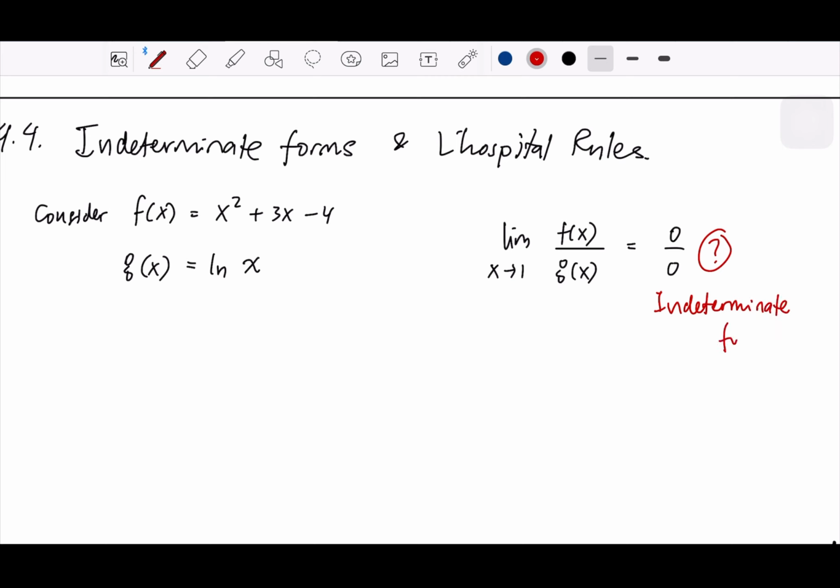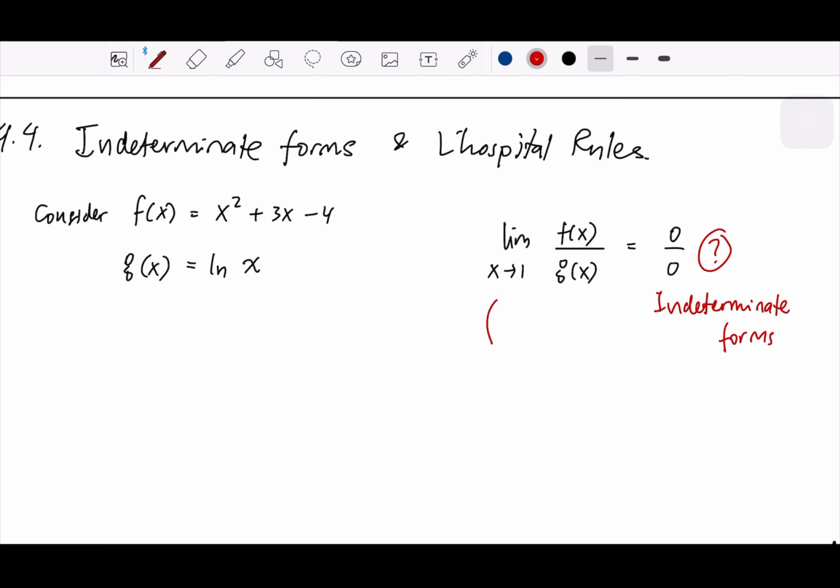In chapter 2, if you remember, when we have this 0 over 0, we need to either factorize if it is a polynomial, or maybe use a trigonometric identity if it is trigonometry, or rationalize with the conjugate if there is a square root, right? But the other way, if this happens, is we can use L'Hopital's rule, which I believe most of you already know.